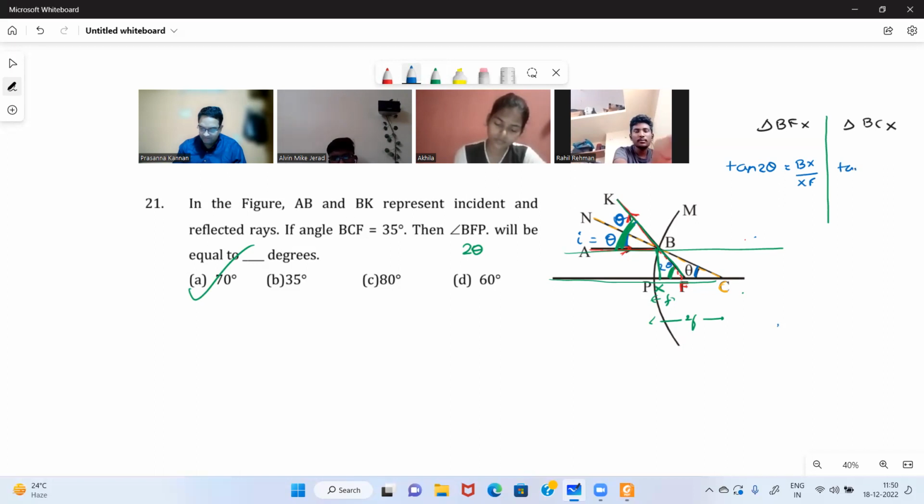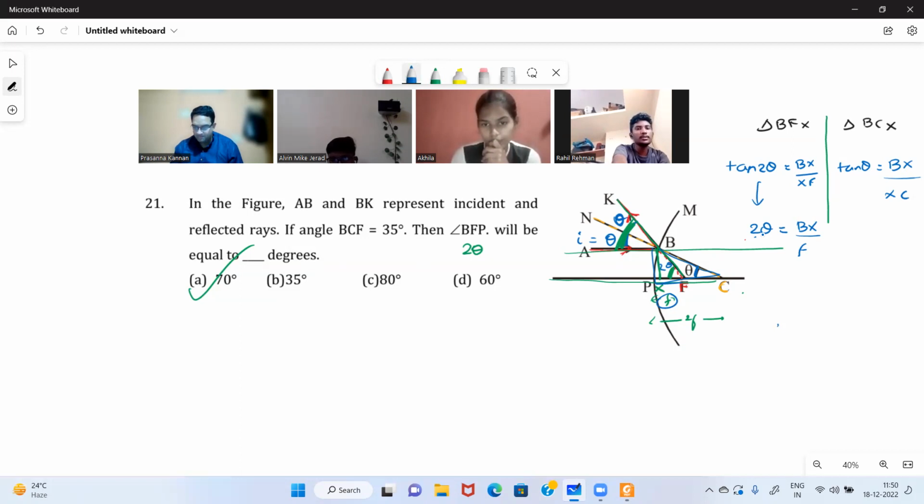And what will be tan theta in this triangle? BX by XC. Tan 2 theta is approximately equal to 2 theta because theta is very small. So BX by XF is nothing but the focal length, approximately.